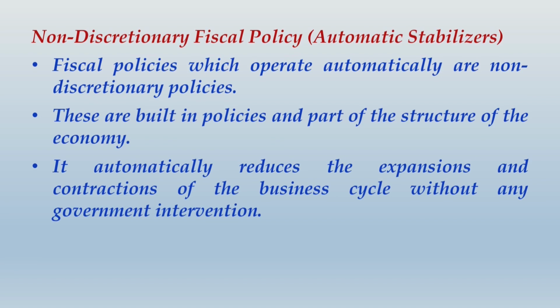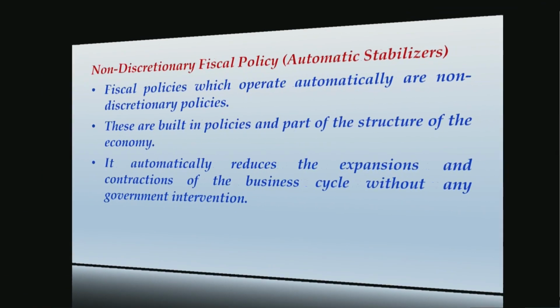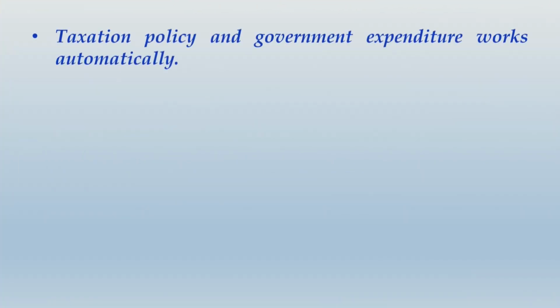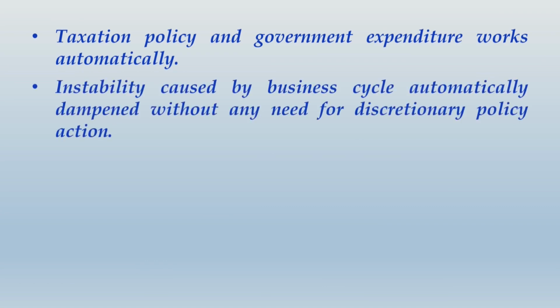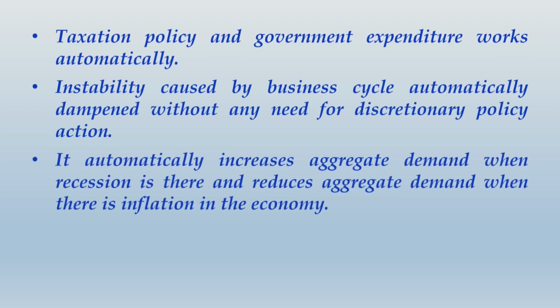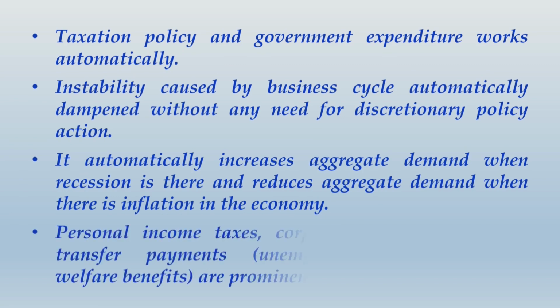Alright friends, once you have finished writing this much, let us move ahead and continue writing further. Taxation policy and government expenditure works automatically. Instability caused by business cycle automatically dampened without any need for discretionary policy action. It automatically increases aggregate demand when recession is there and reduces aggregate demand when there is inflation in the economy.